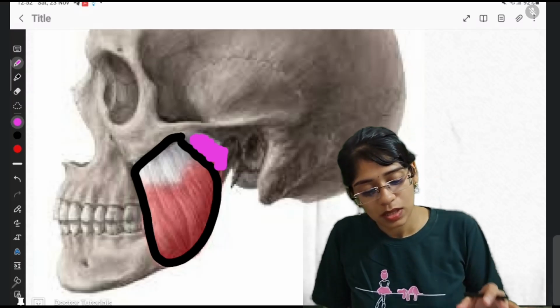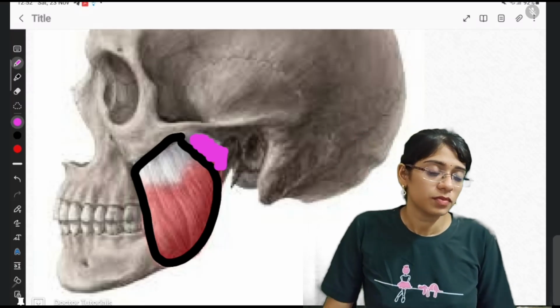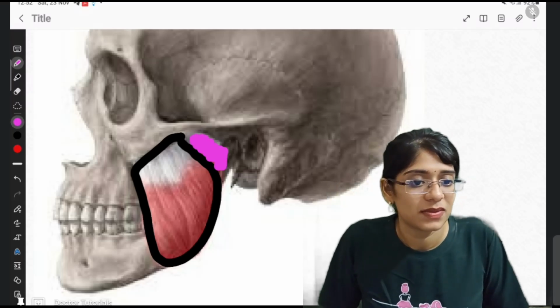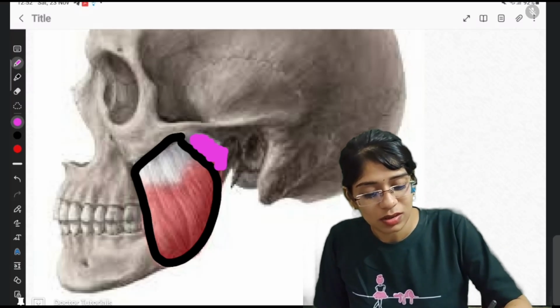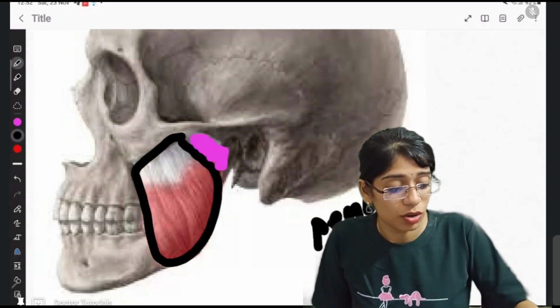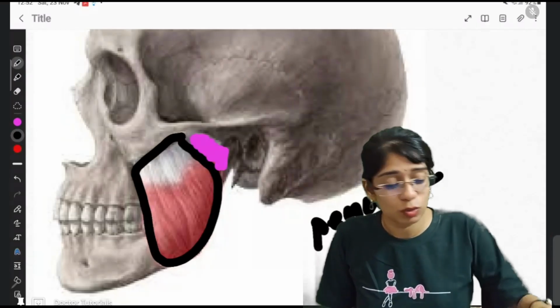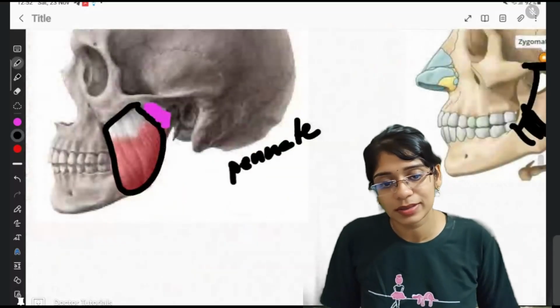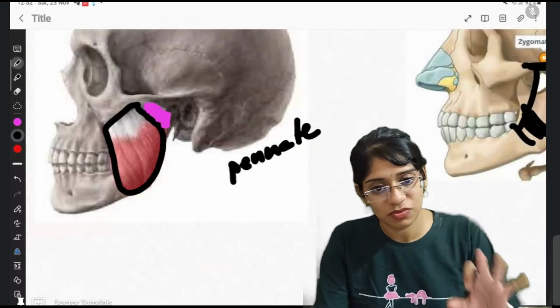Now there was one question where they asked which kind of muscle fibers the masseter has. We have different types of muscle fibers: pennate, parallel, cruciate, twisted and so on. We'll talk about it later when I teach you the types of muscle fibers.